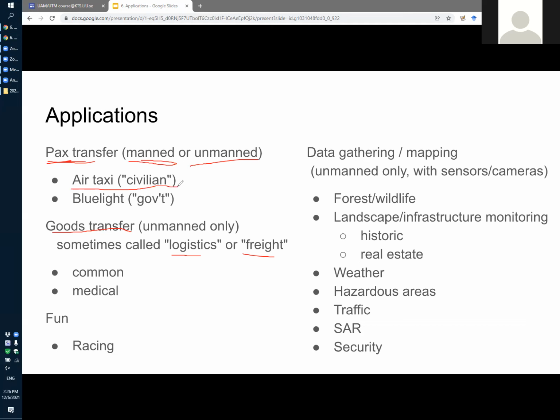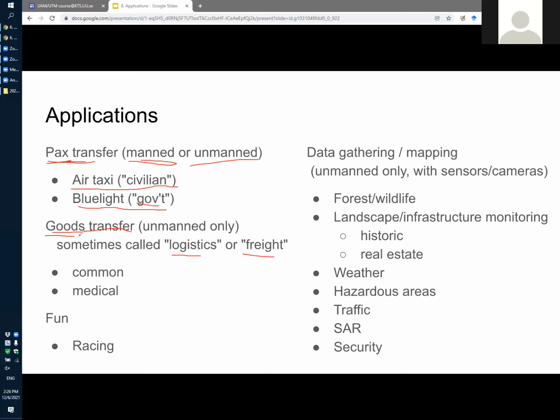And there could be more civilian applications like air taxis, going from an airport to somewhere else and just between 2 points. And there are questions of bringing a doctor to a patient or a patient to the hospital, like they do currently with helicopters, so more of these government applications.